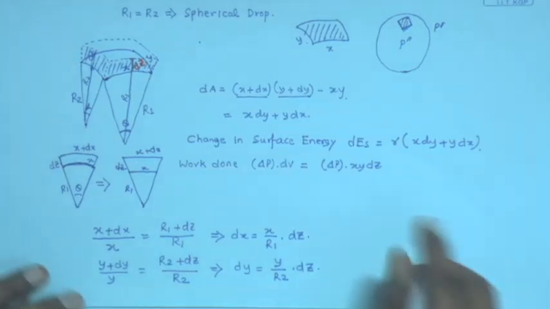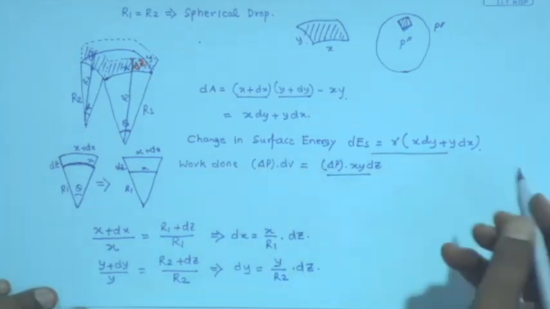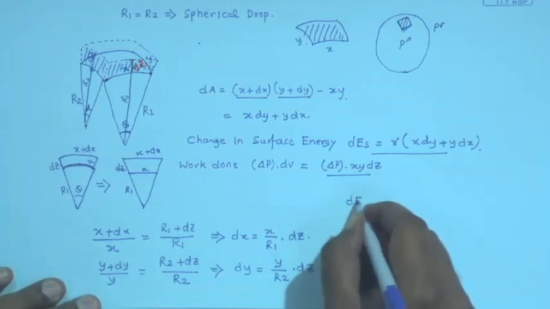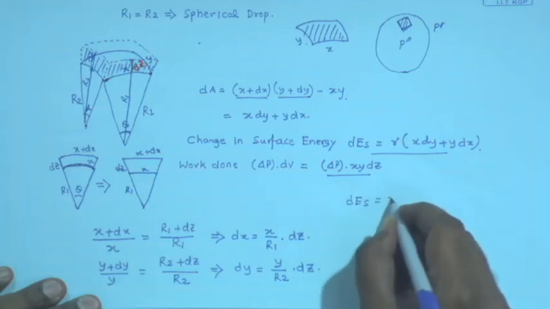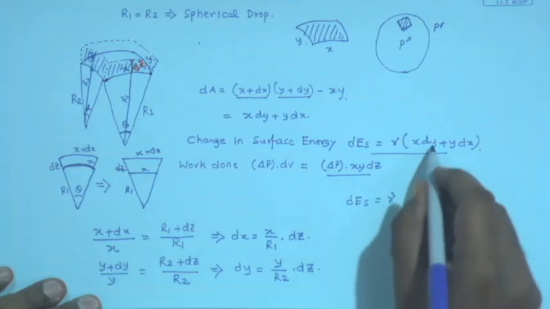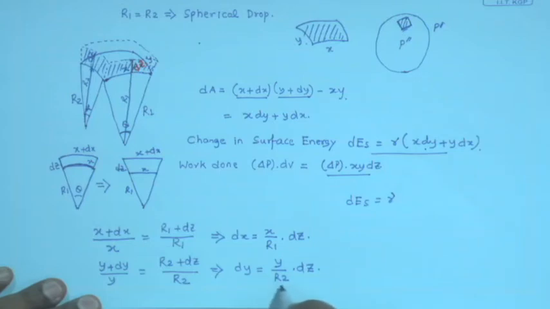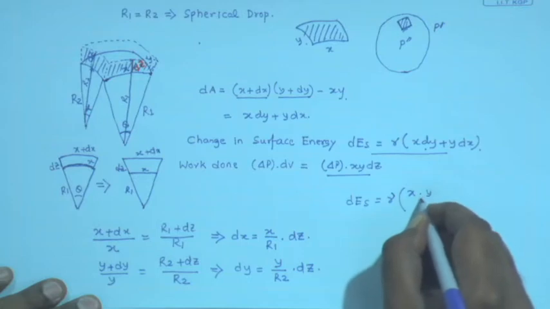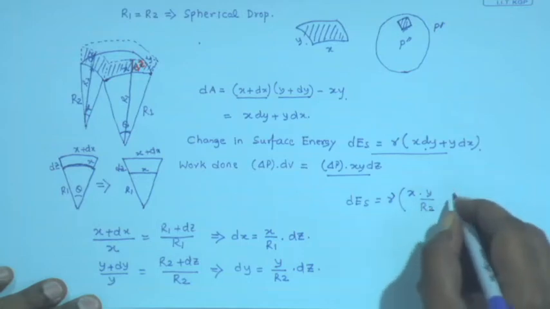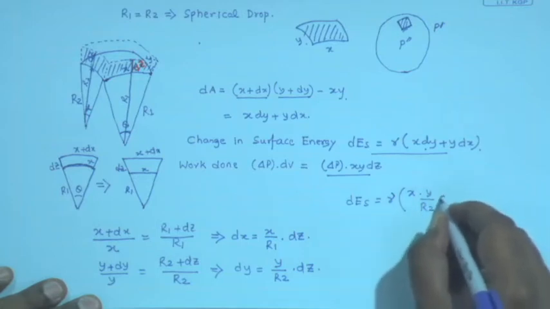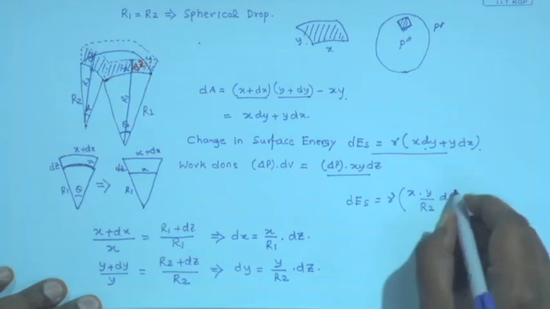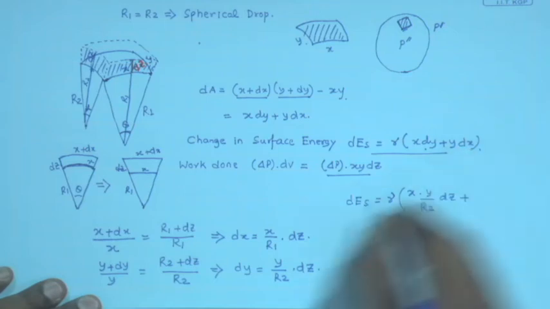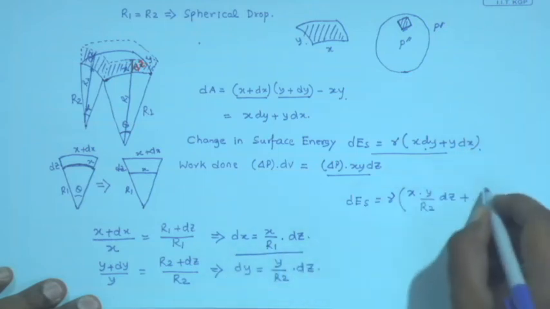So, now simply equating these two, we get delta p equal to gamma. We simply replace dy with the expression we have got here, x into y by r2 into dz, and here again we replace dx with the expression we got from here.